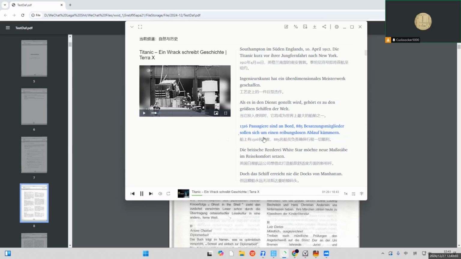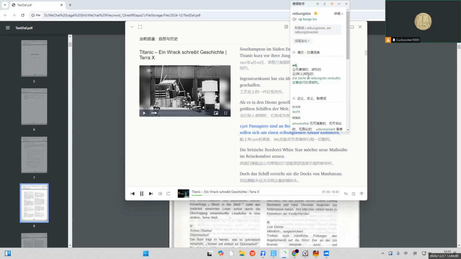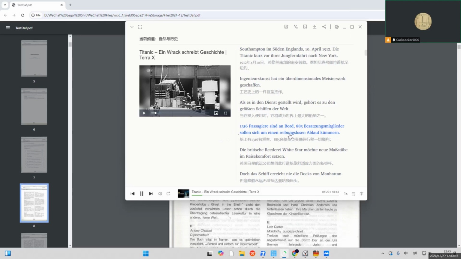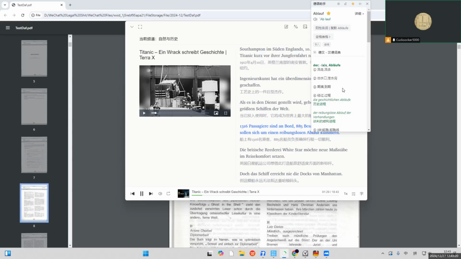Alright. Sollen sich um einen reibungslosen Ablauf? Reibungslos? Die Sache ist reibungslos verlaufen. Okay. The process went well without any friction. Ablauf. Abläufe. Der Ablauf. Abläufe.